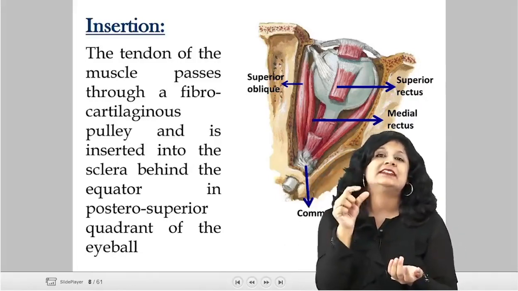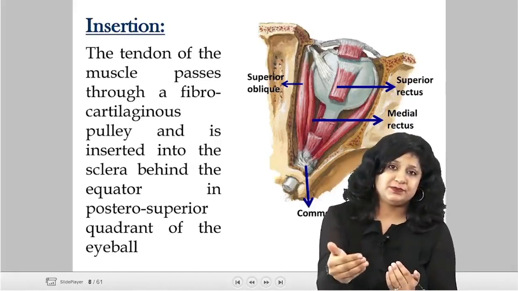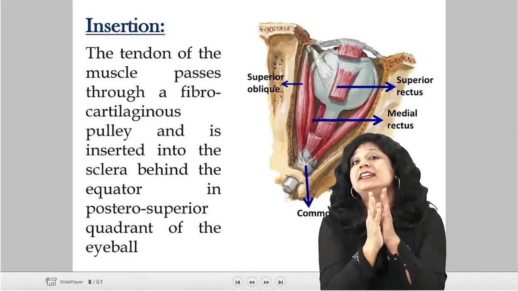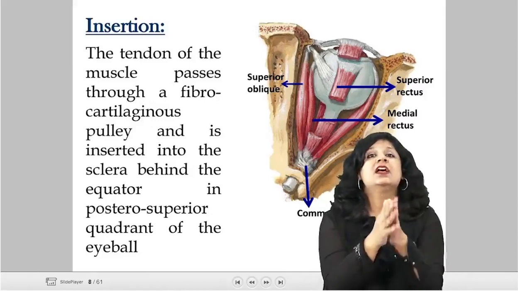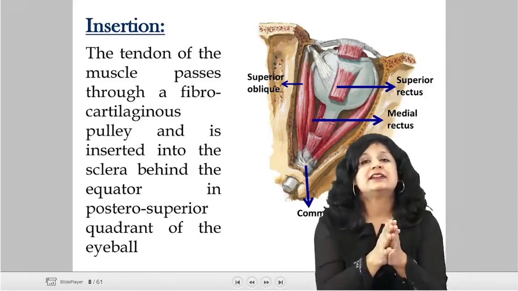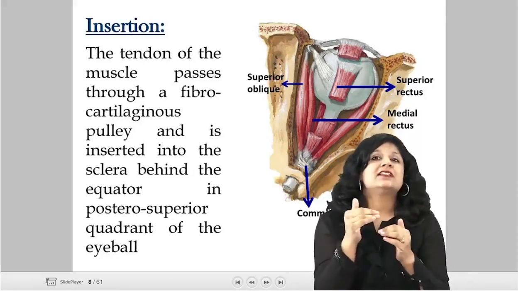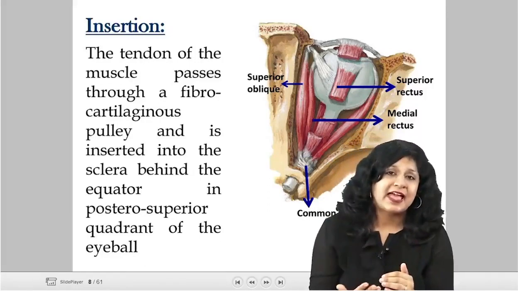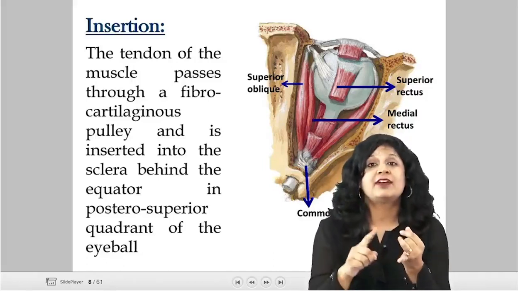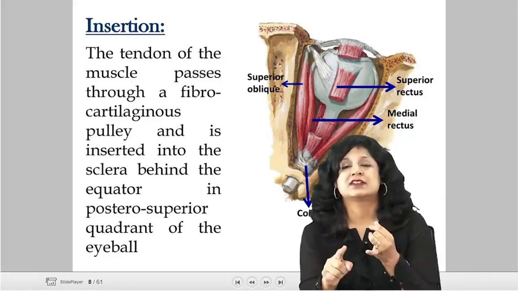So they were inserted anterior to the equator. Now because the rectus muscles are inserted anterior to the equator, they were taking the eye in the same direction. R for rectus. Rectus means straight.